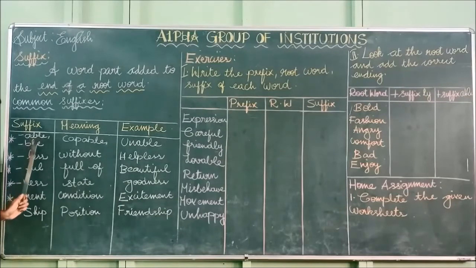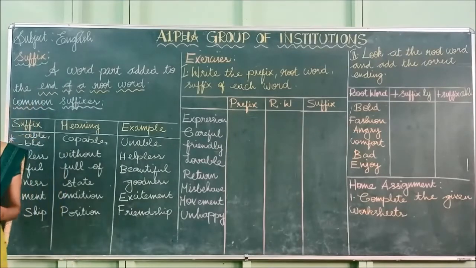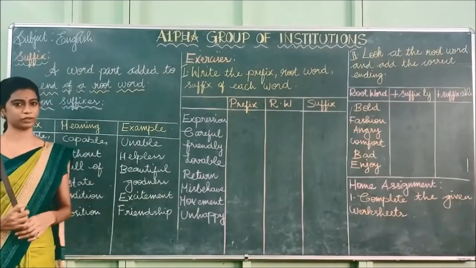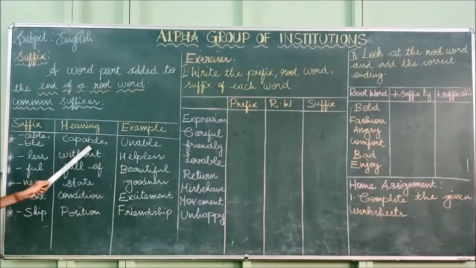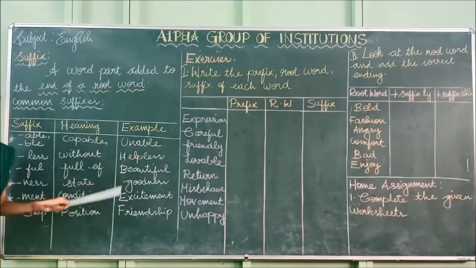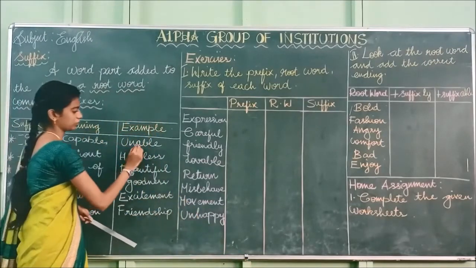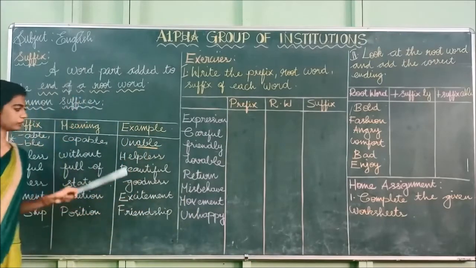The meaning of able or ible is capable. Capable means the ability of a person, what he is able to do or not able to do. And the example is unable. So what we have done is added the suffix to the end of the word.